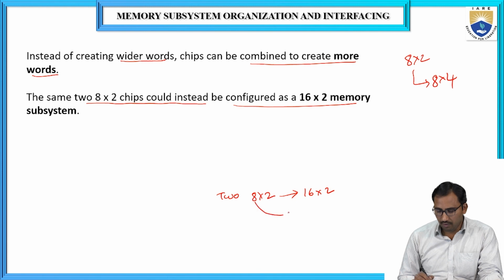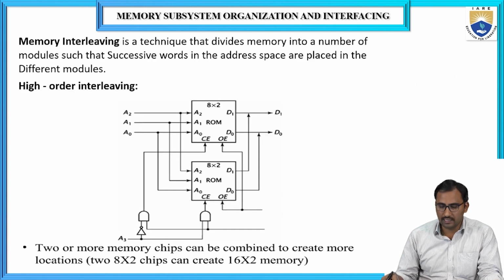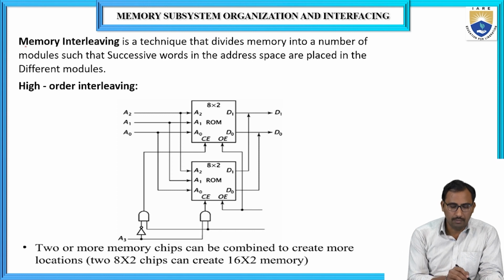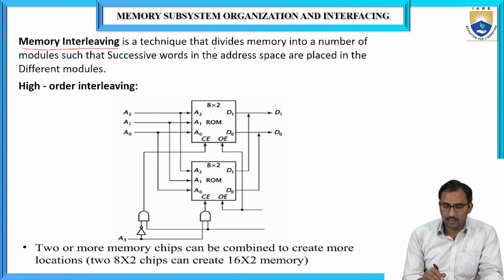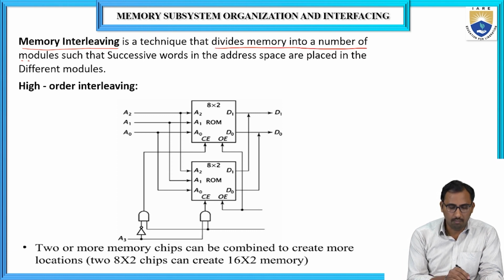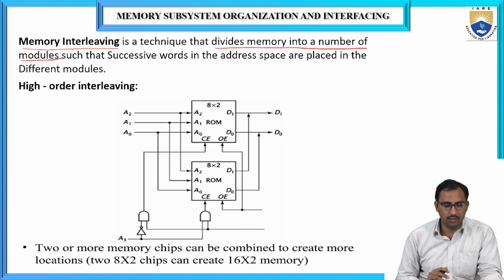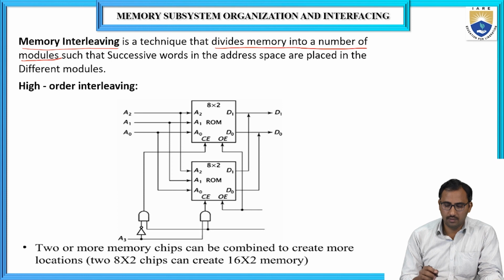That means we have increased the number of memory locations. So let's see how we can increase the memory locations. This we can do with the concept of memory interleaving. Memory interleaving is a technique that can divide memory into a number of modules, or we can create a single memory by combining all the different sub memory chips.